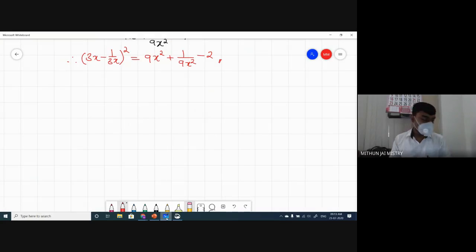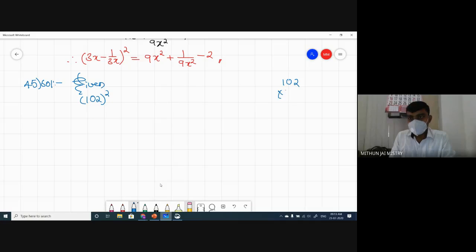So let me take that. 45th solution. What we have to find? We have to find 102 whole square. Generally 102 whole square means 102 into 102, right?